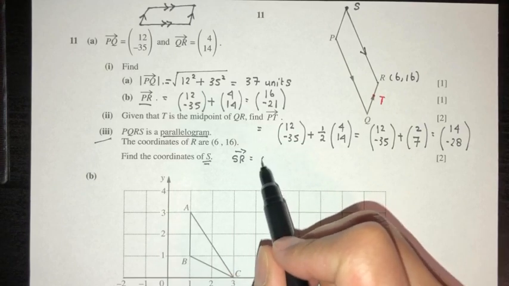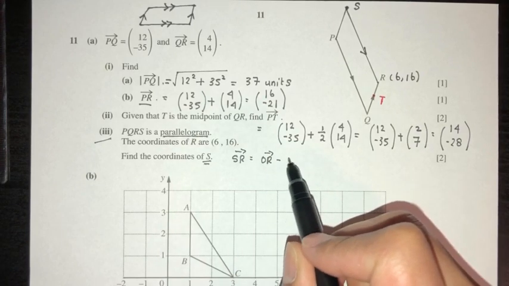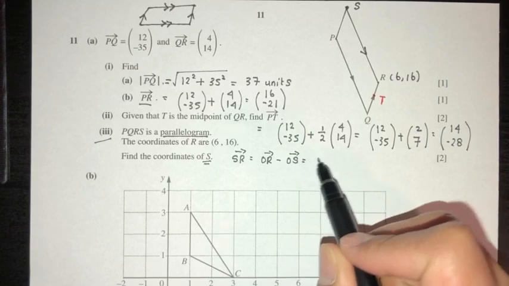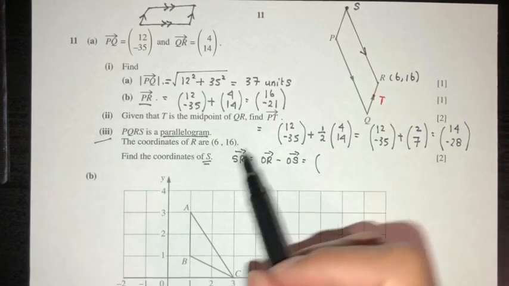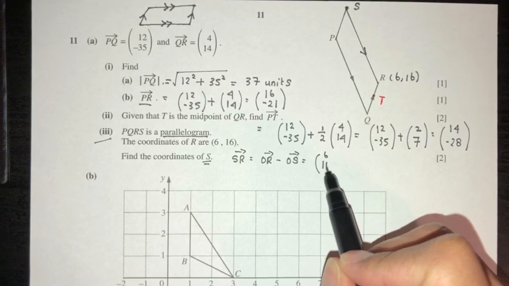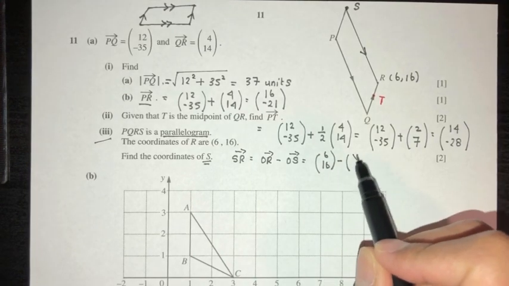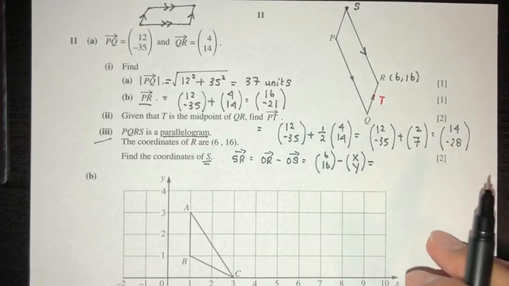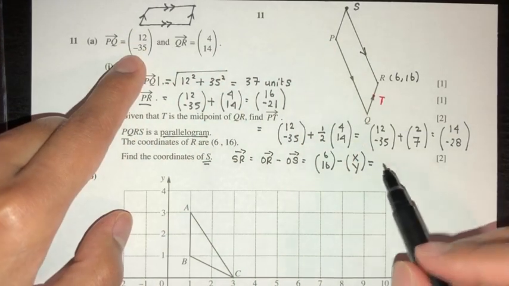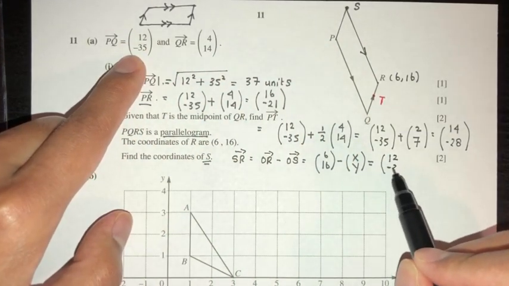It is equal to OR minus OS. OR has been given to you by this one, (6, 16). OS we don't know, (x, y), and the direction is the same as PQ. PQ has been given to you by (12, -35).